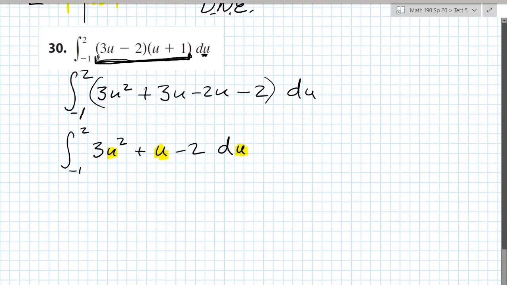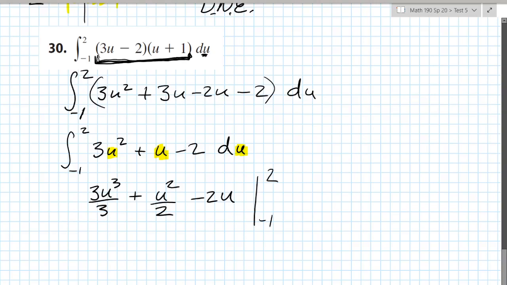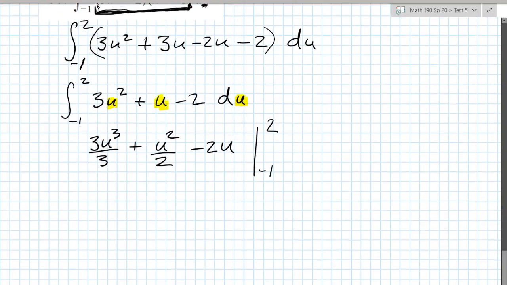But I do have a power rule. So I'm going to go with 3u to the plus 1 divided by the new power, plus u squared divided by 2, minus 2u. I don't need plus c because remember we can pick any specific antiderivative we want, and I'm going to pick the one with c equals 0.